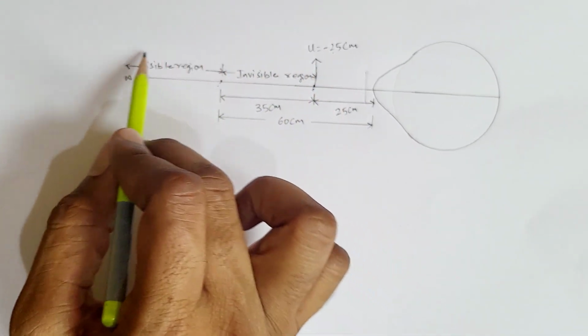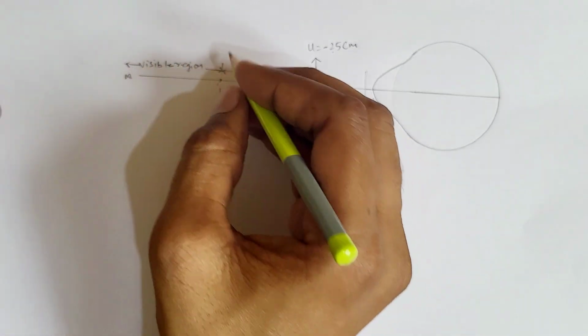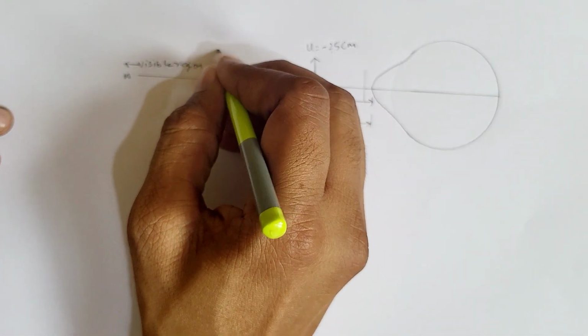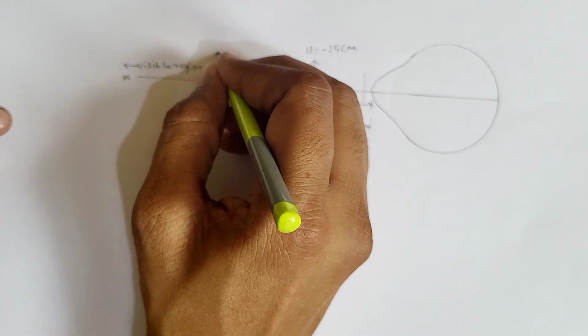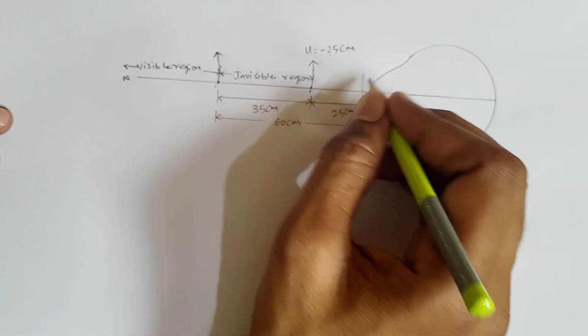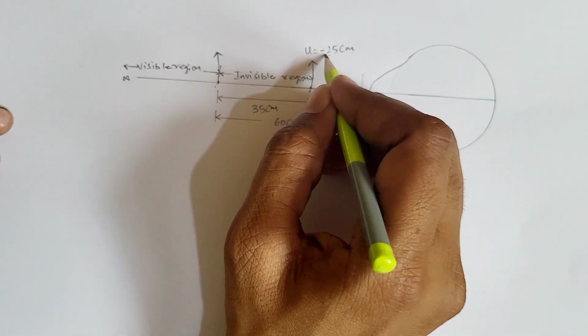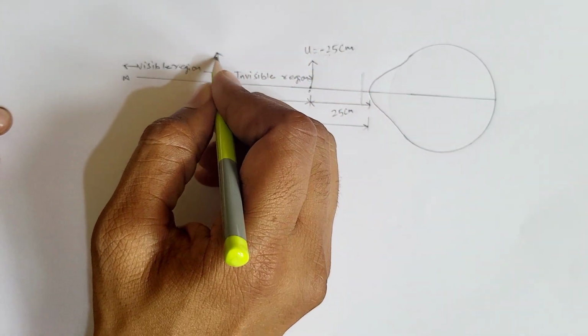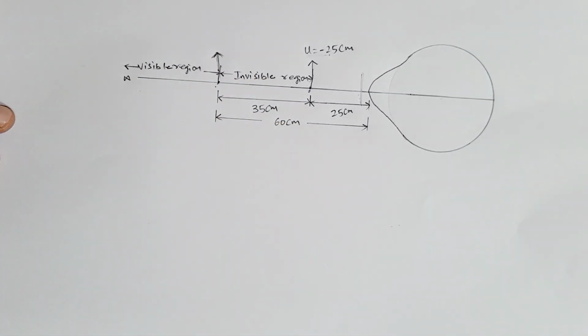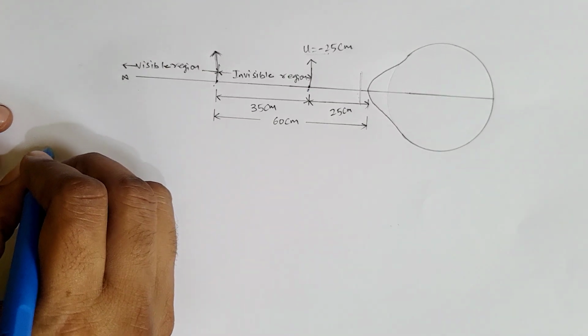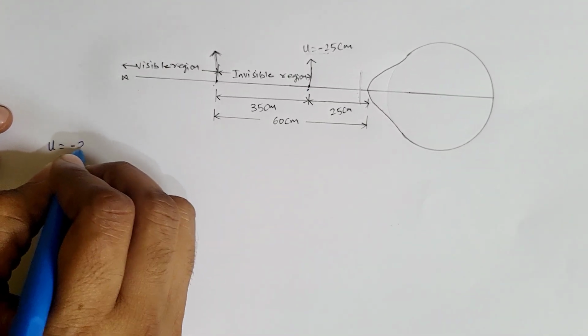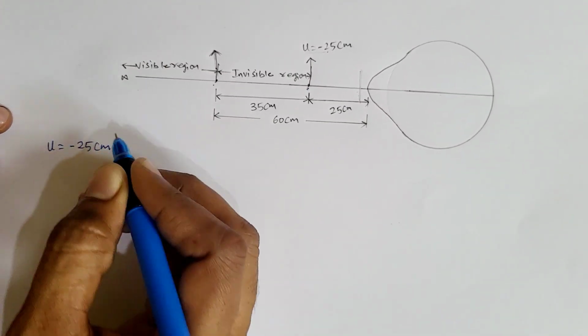Where is the visible region starting? Here. So this is the starting point of the visible region of the person, correct? So what will this lens do? This lens will create the image of the object exactly here. Okay? So that's why the object distance for hypermetropia is u equal to minus 25 centimeters.